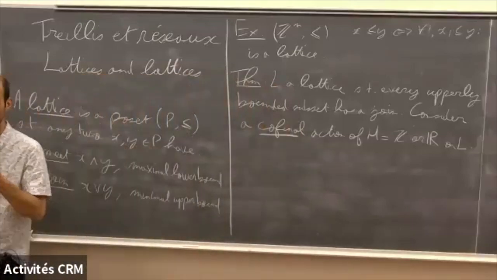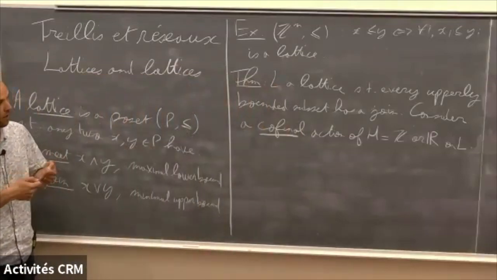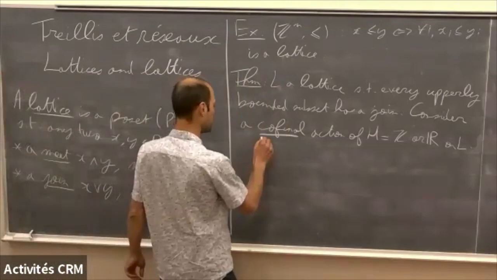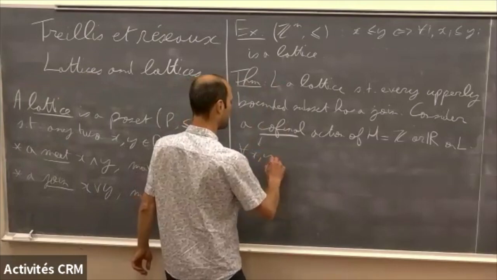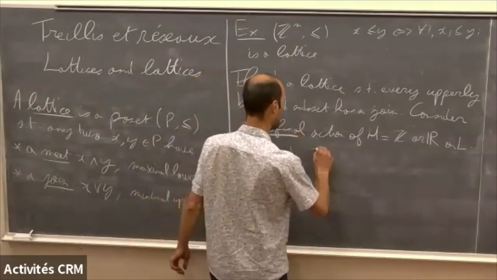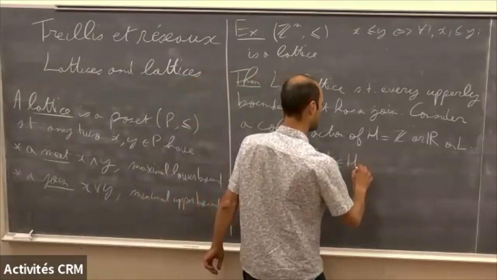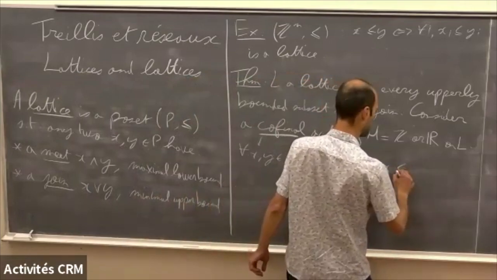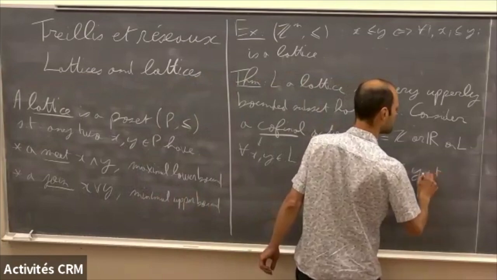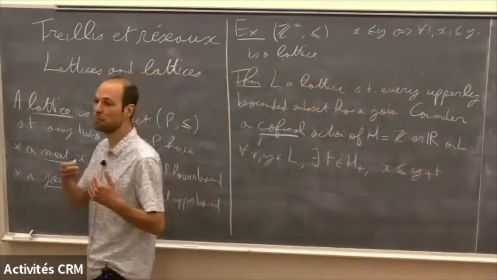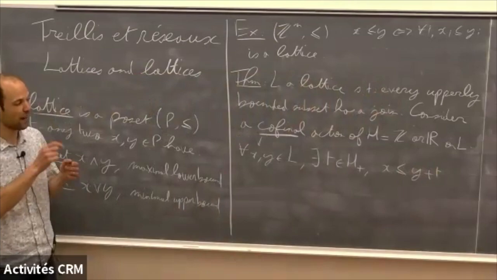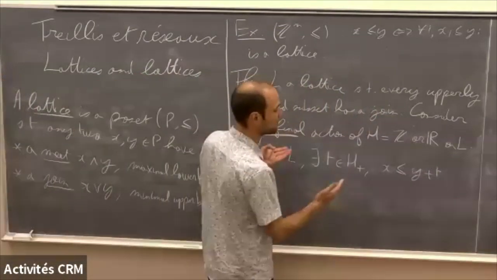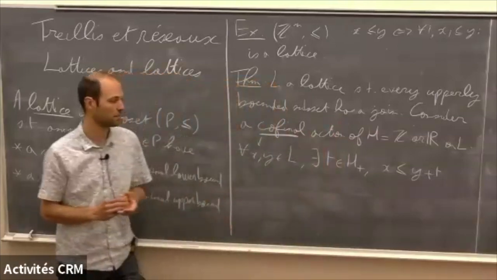It means that whenever I use this one parameter family, I can compare any two elements. It means that for every X and Y in my lattice L, there exists a positive time T such that X is smaller than Y + T. I choose this simpler notation than writing phi_T of Y. It's clear from the context, it will always be a very simple diagonal action.